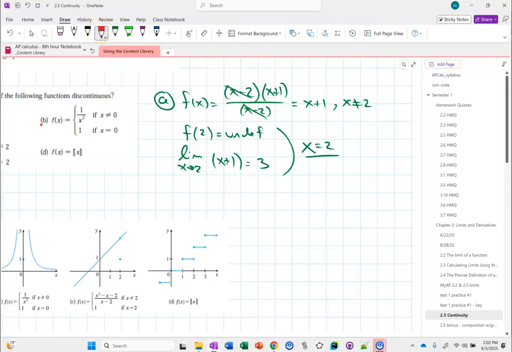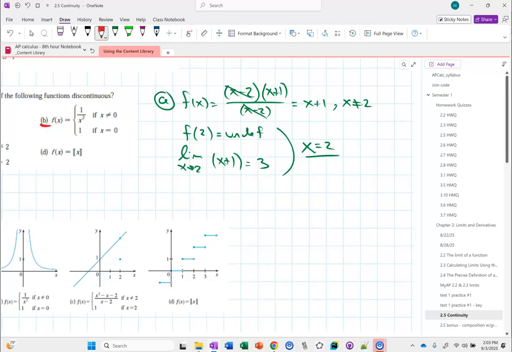Let's look at B here. For examples B and C, those will never be continuous functions. Piecewise functions can absolutely be continuous. Oh, they can? Yep. Never is a strong word in mathematics.